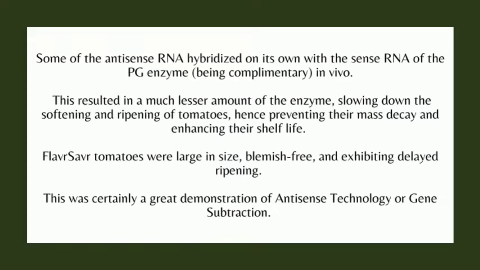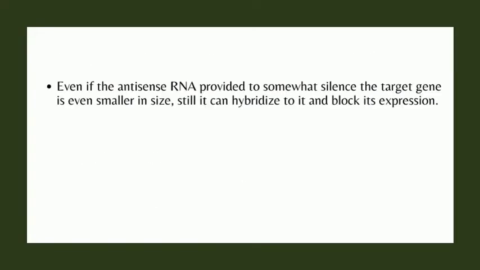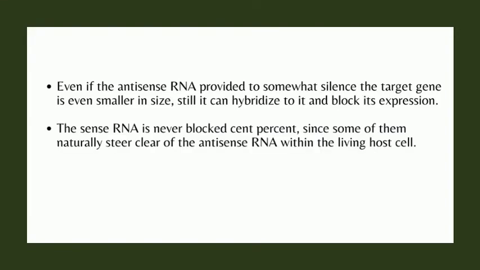It's worth mentioning that even if the antisense RNA provided to somewhat silence the target gene is even smaller in size, still it can partially hybridize to it and block its expression. Another important point is that the sense RNA is never blocked 100% since some of them naturally steer clear of the antisense RNA molecules within the living host cell.